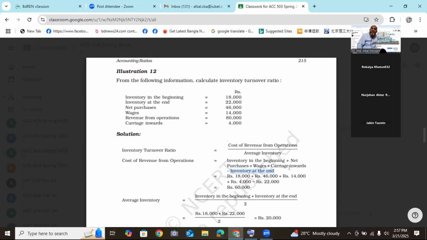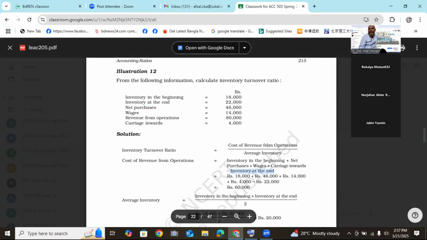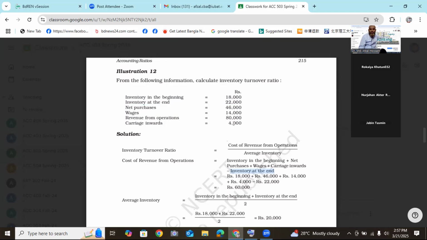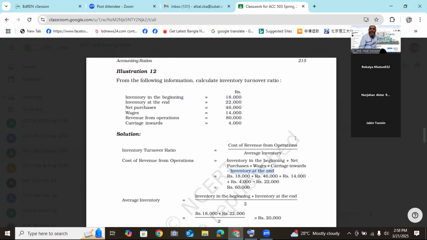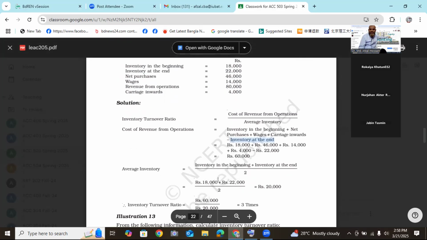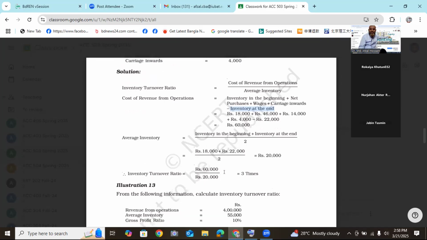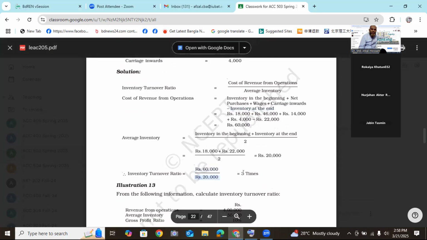You have to add this, minus ending inventory, then you get the cost of revenue from operations. Then average inventory is opening inventory plus ending inventory divided by 2. So 60,000 is the cost of revenue from operations and 20,000 is the average inventory. The answer is 3 times.